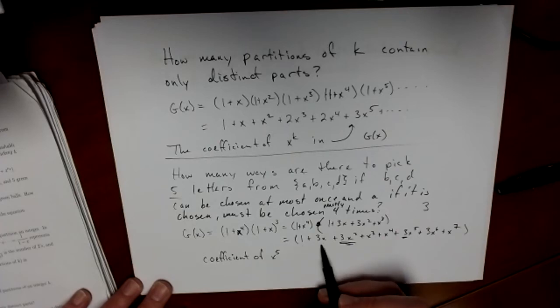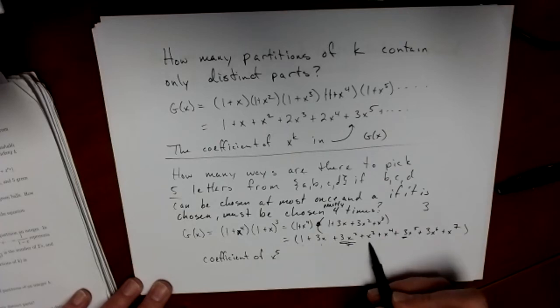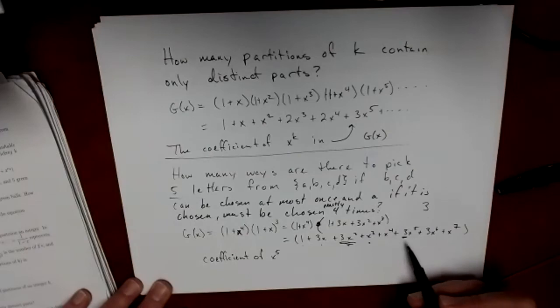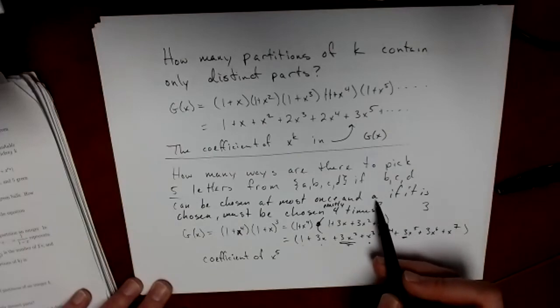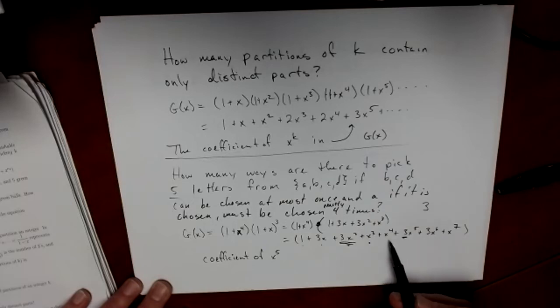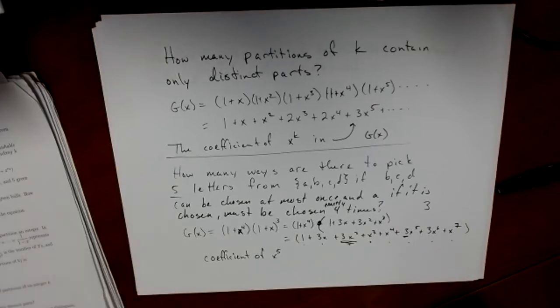It's 3 choose 0, 3 choose 1, 3 choose 2, 3 choose 3. And then to go higher than that, we have no choice. We must have 4 A's, and then of the B, C, and D, 3 choose 0, 3 choose 1, 3 choose 2, 3 choose 3. Again. And that's why the coefficients repeat. Also because that's how algebra works.